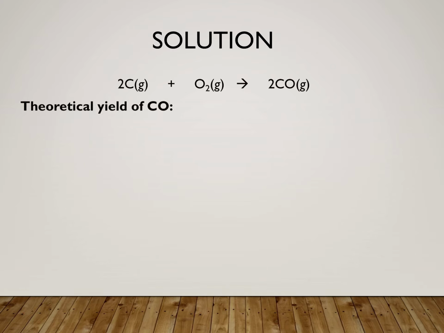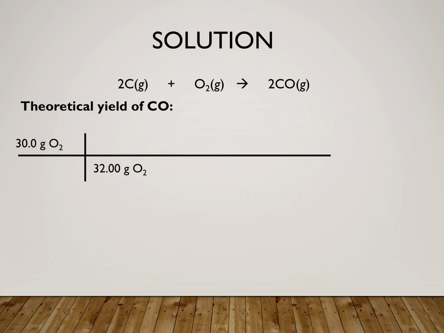Okay, so the first thing we're going to do is figure out the theoretical yield based on the amount of oxygen that we were given. So we have 30 grams of O2. We'll use our molar mass to change our grams of oxygen into moles of oxygen. And then once we've done that, we can use our mole ratio from the balanced chemical equation to go from moles of oxygen to moles of carbon monoxide.